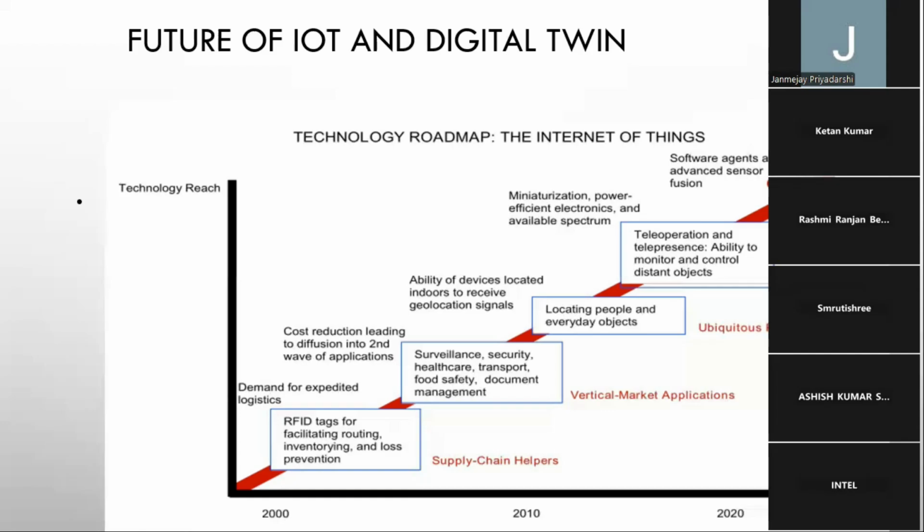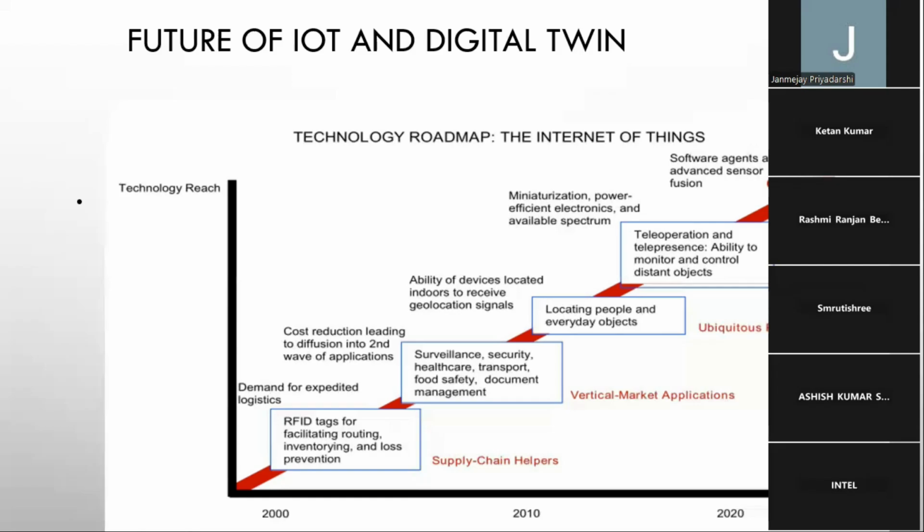As time went on, the landscape of IoT enhanced and we identified the location of people and everyday objects. We understand the exact position of a person, where he is going, how he behaves, or what the object details are, because we are able to identify the information from satellites and different sources.